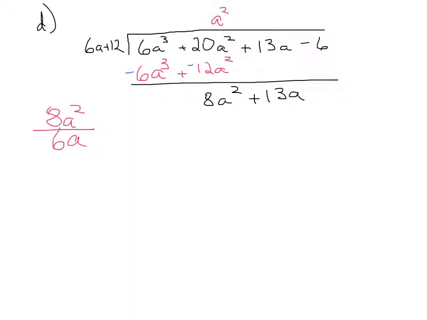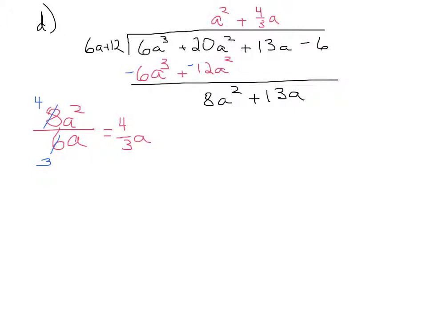But then we're left with 8 over 6. So we know that 2 goes into 6 3 times, 2 goes into 8 4 times. So our result is going to be 4/3 a.